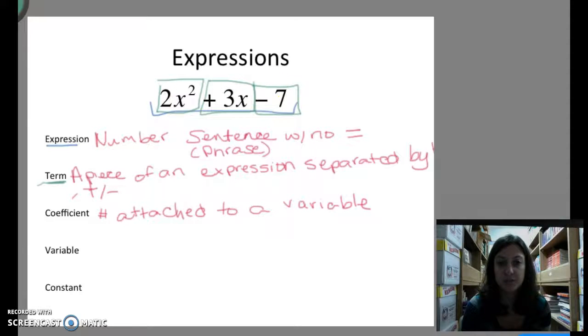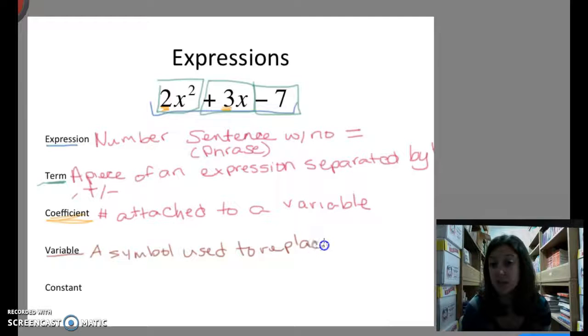A coefficient is a number attached to a variable, like 2 and 3. But not -7 because that has no variable. A variable is a symbol used to replace values.